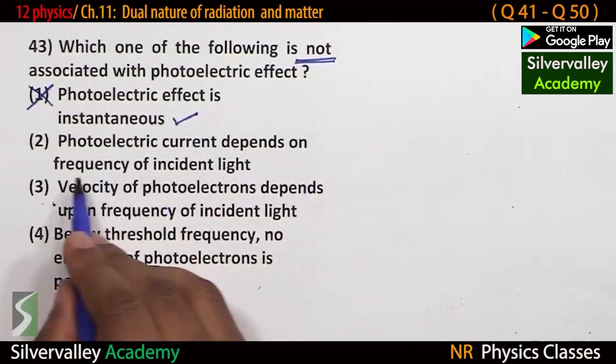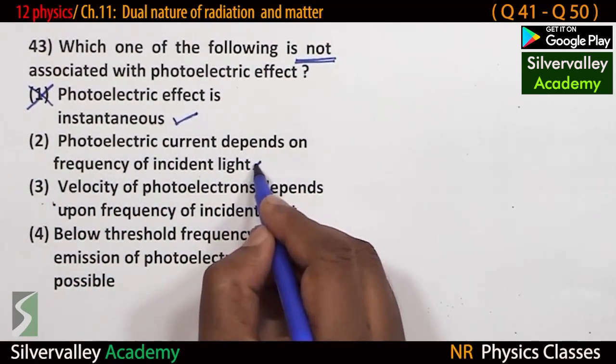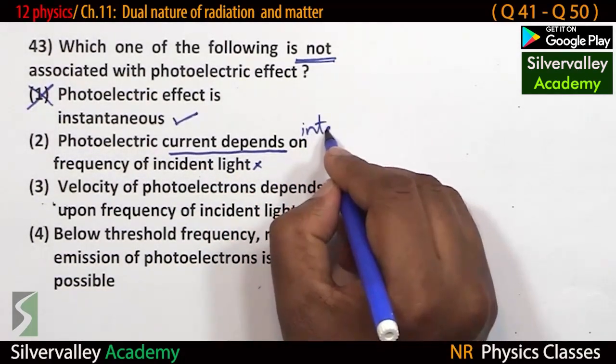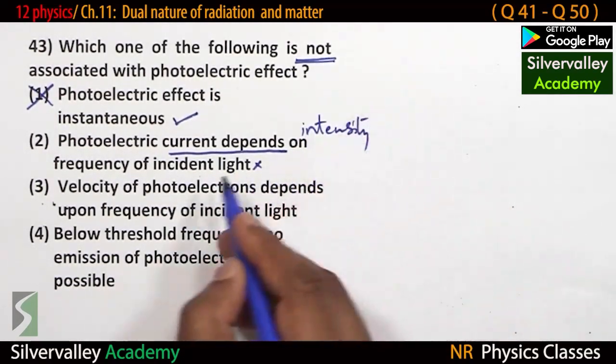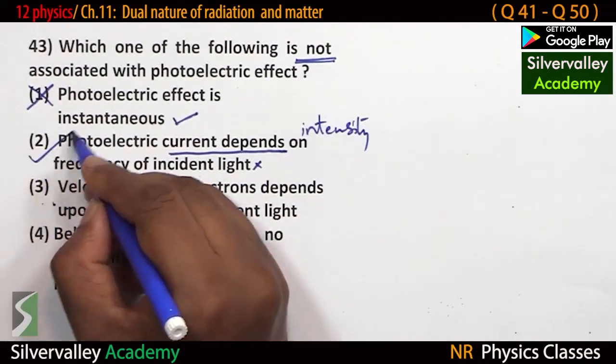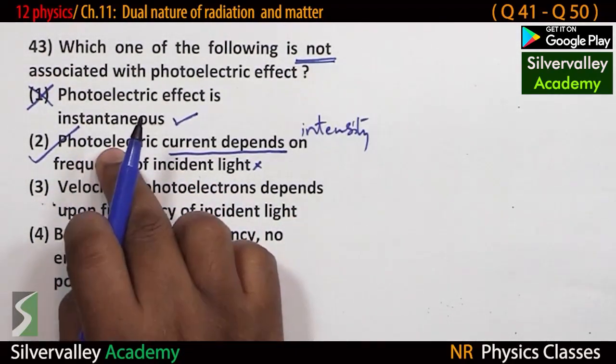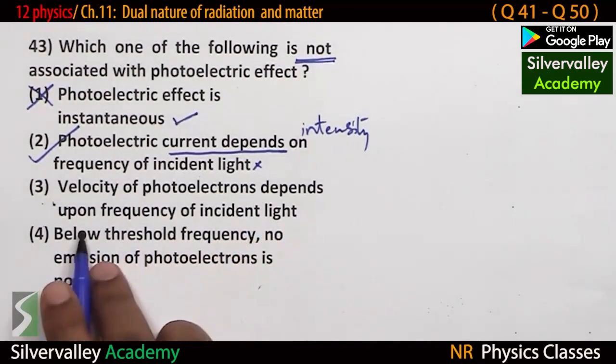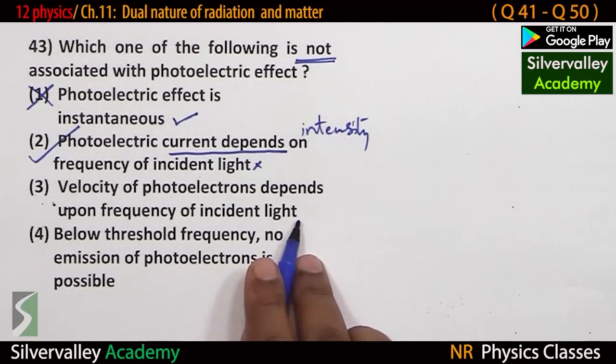Photoelectric current depends on frequency? No, because photoelectric current depends on intensity. So we got the wrong statement. So this should be correct. Velocity of photoelectrons depends upon frequency of incident light.